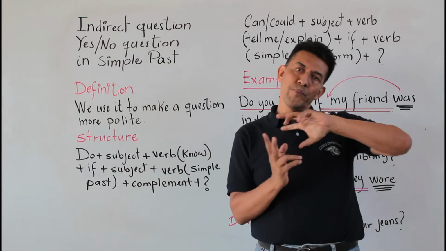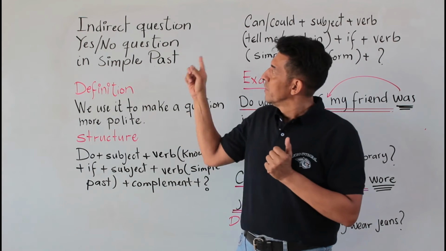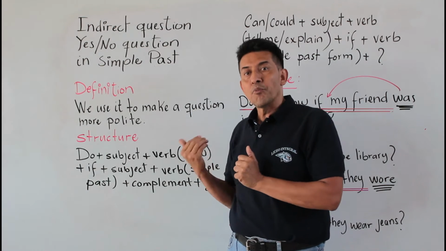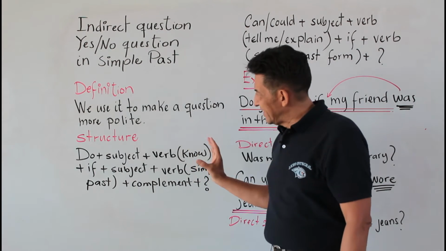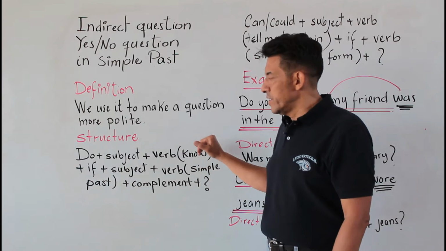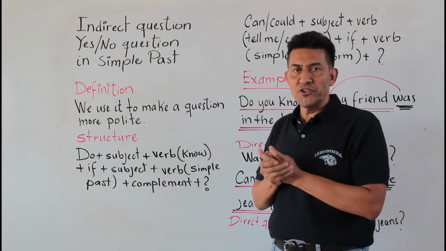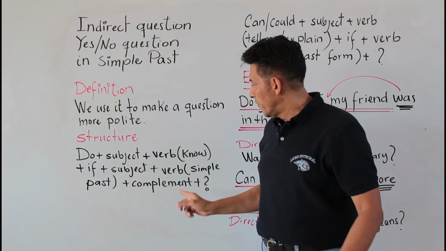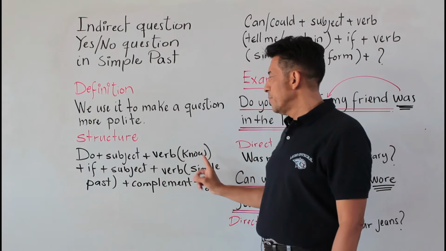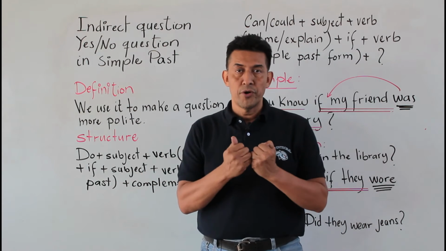The class we had before was simple present, but in this opportunity, simple past. The structure is almost the same. The only thing that changed is that we're using a simple past verb.